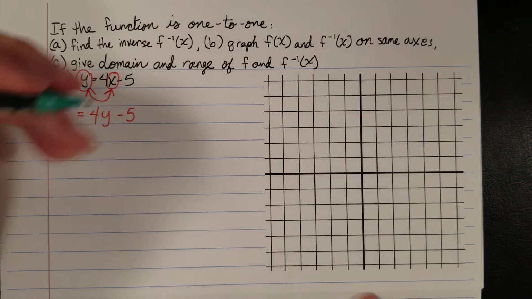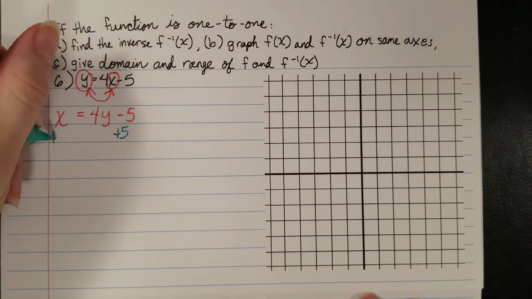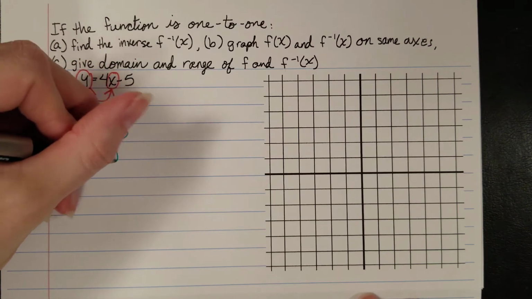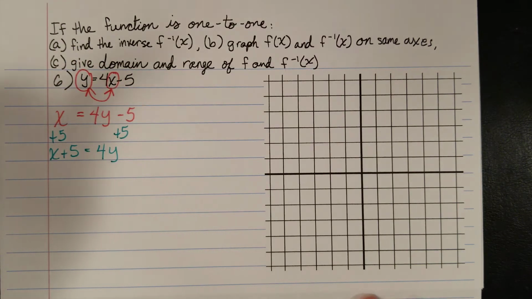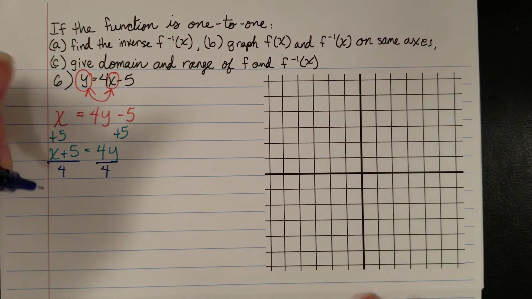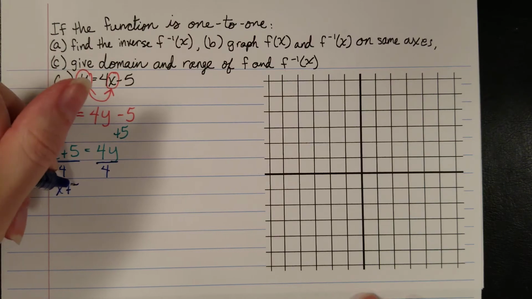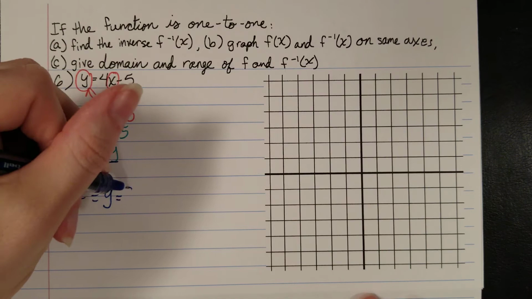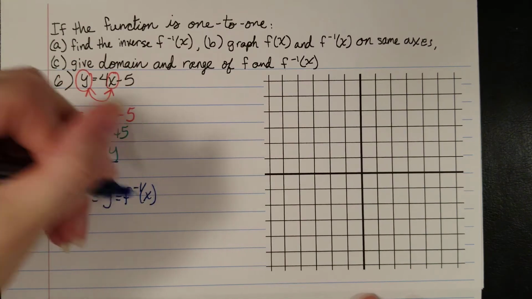I'm going to add 5 to both sides. So x plus 5 equals 4y. And then I'm going to divide both sides by 4. So (x plus 5) over 4 is equal to y. So that is equal to the inverse.